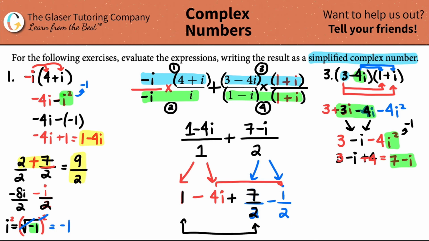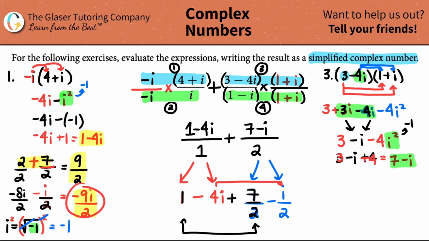So now I just do the subtraction. Negative 8i minus a 1i, there's a secret 1 over here. So negative 8 minus 1 is a negative 9i. And then I just keep that denominator the same. So this would be over 2. And now I have my 2 parts. I have my real part, which was the 9 over 2.